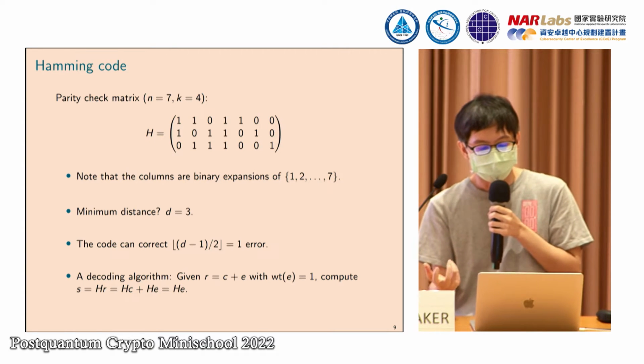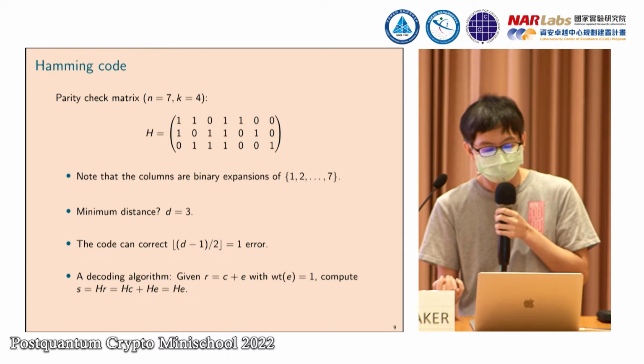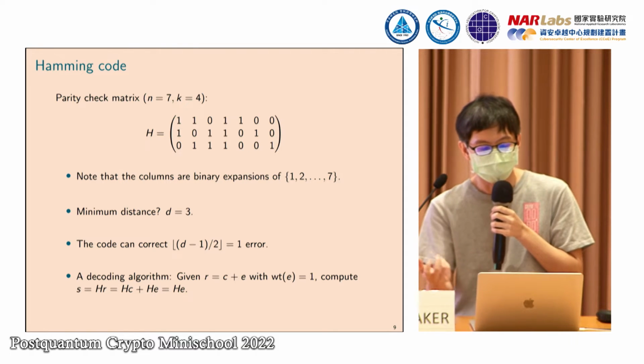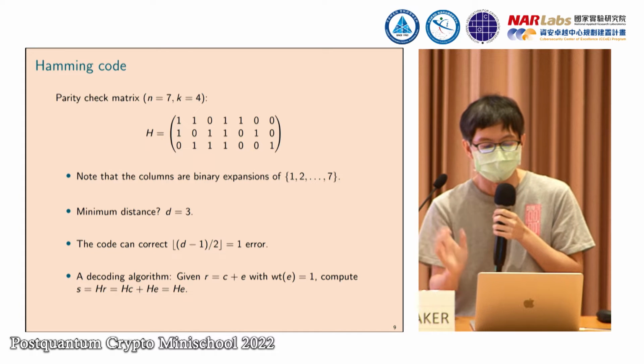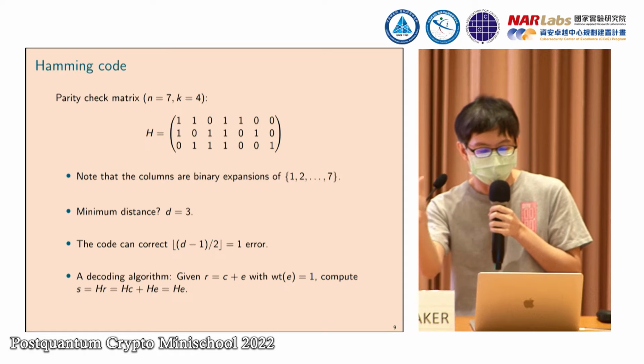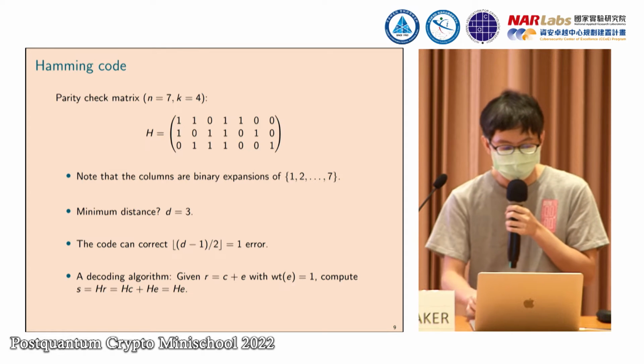Because the error vector is a weight 1 vector, this syndrome will indicate which column is a 1 corresponding to the error position.